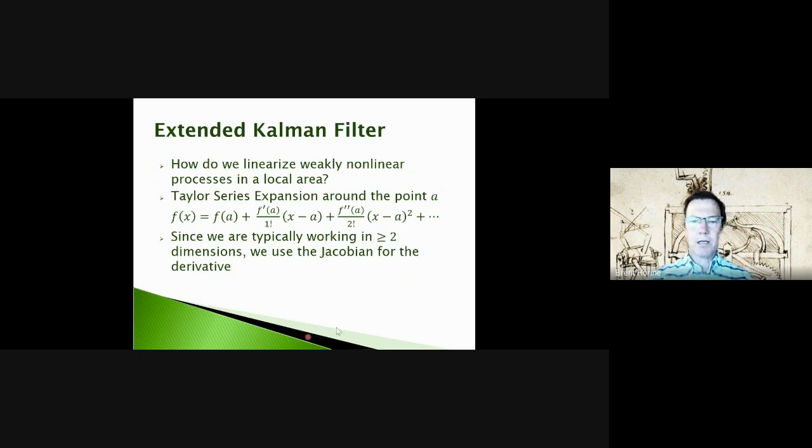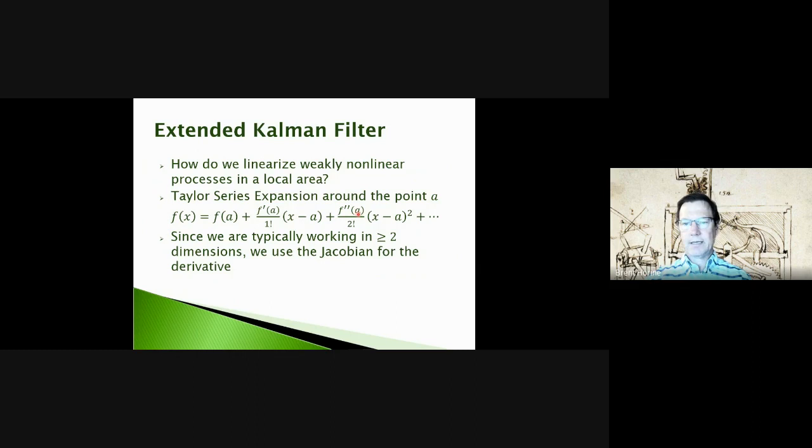Here, in general form, we can approximate our nonlinear function as f evaluated at a particular point A, but then add to it the derivative at A times x minus A divided by 1 factorial.